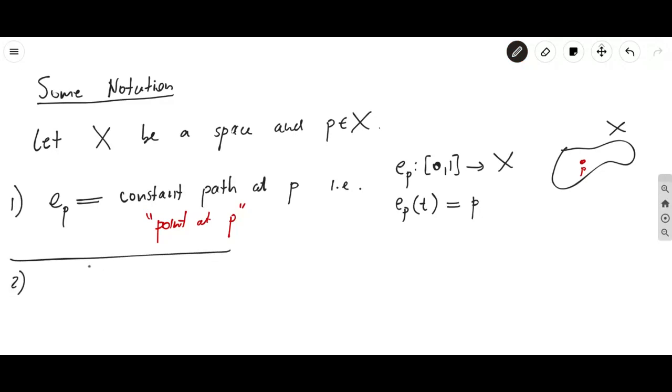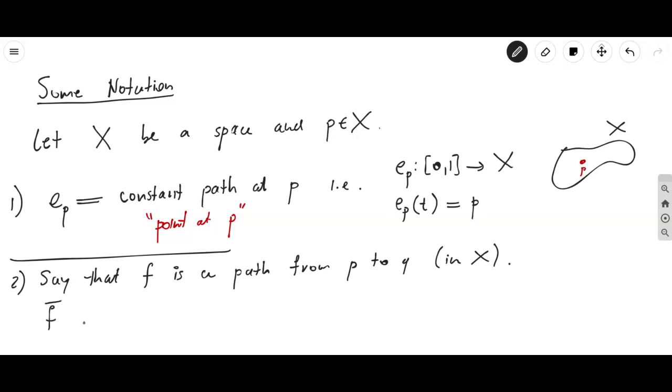The second thing that I want to introduce is as follows. Say that F is a path from P to Q, and this is of course in X. Everything's happening in some topological space.